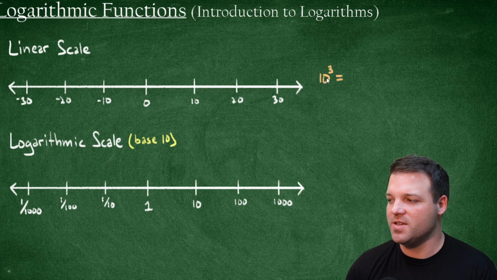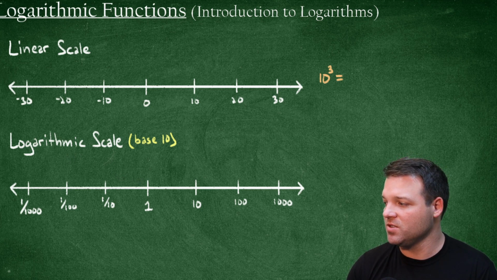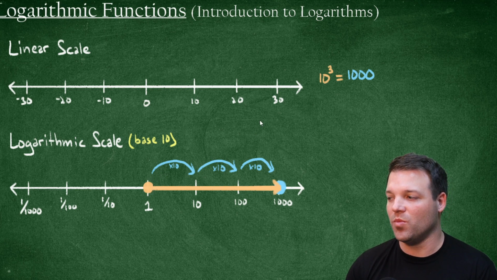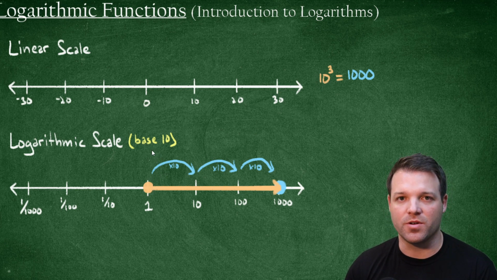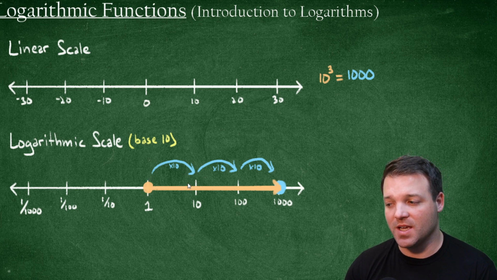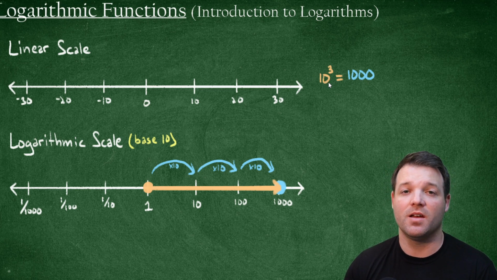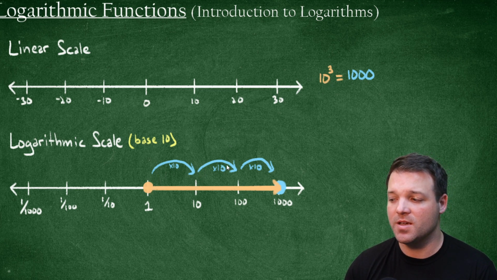So what is 10 to the third power, and how would we use this logarithmic scale to do it? Well, we simply start at 1, and then we're going to multiply by the base 3 times. So times 10, times 10, times 10, and that gets us all the way over to 1,000. And so 10 to the third power is 1,000. We're going 3 spots over.